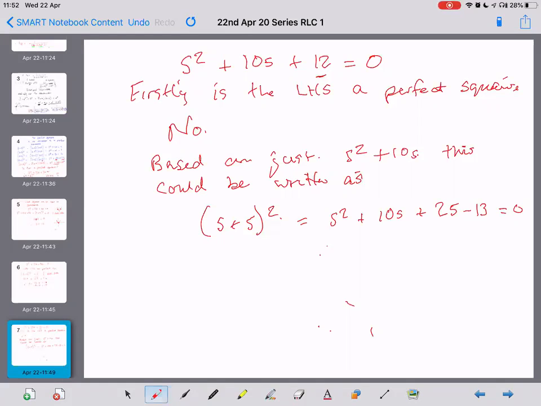Because s plus 5 squared gives us 25, but we want 12 as our constant, we need to take 13 off. So the answer to this is that it can be written as s plus 5 squared minus 13 equals 0.